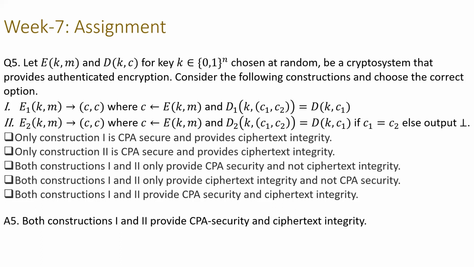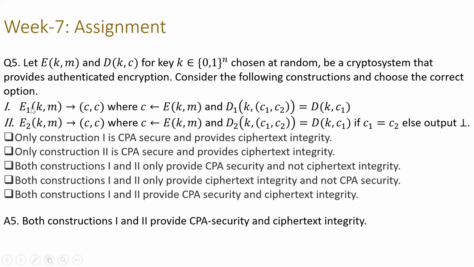Okay. So the question was, let E of K and M, a scheme with encryption and decryption defined, and that scheme has been said to be an authenticated encryption scheme. And then we are considering two different constructions.